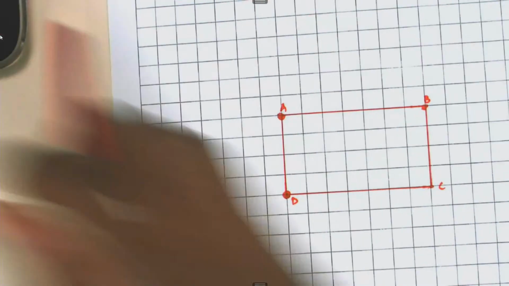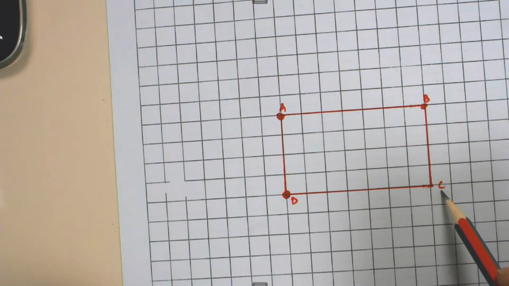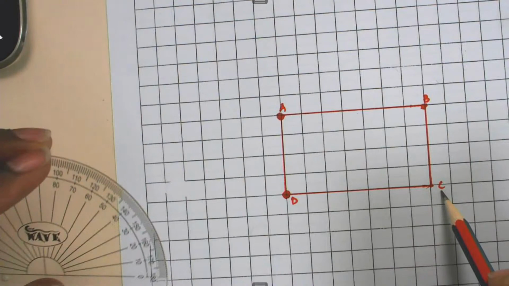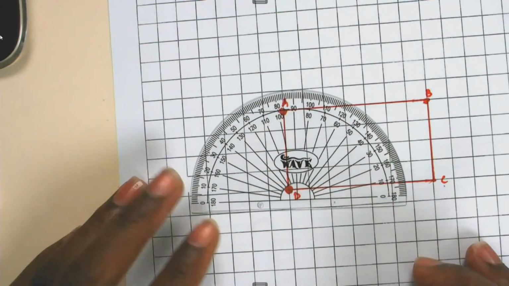All right, so let us start. Step number one, guys, because it's a rectangle in this case, you can start with whichever point you would love to rotate first. My preference would be to rotate point C. So I'm going to put my protractor like this.